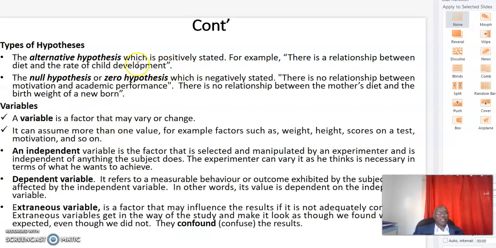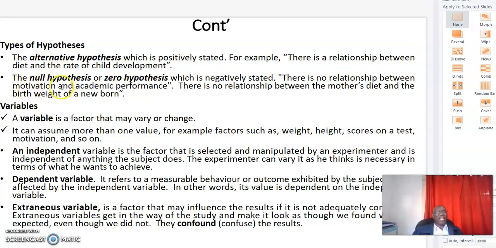Types of hypotheses. We have two types of hypotheses. The first one is the alternative hypothesis, which is positively stated. For example, there is a relationship between diet and the rate of child development. That is an alternative hypothesis, which is stated positively.